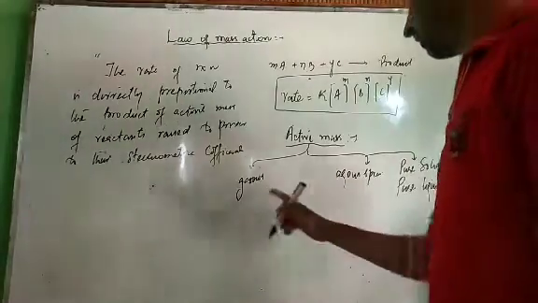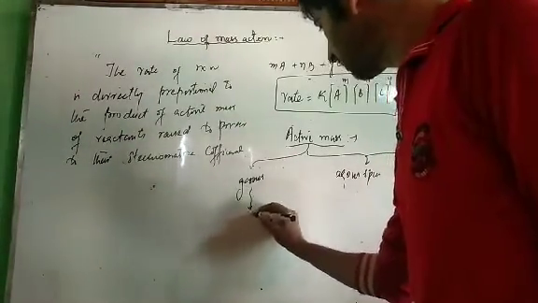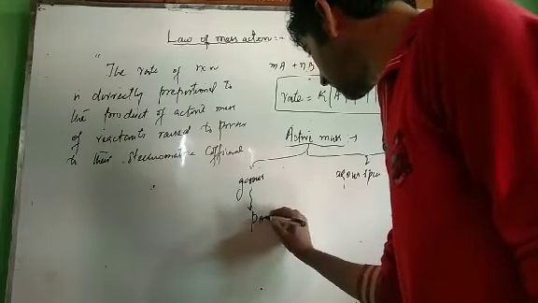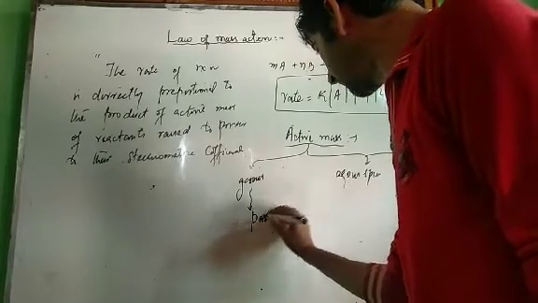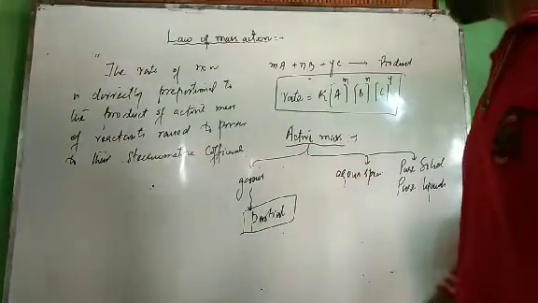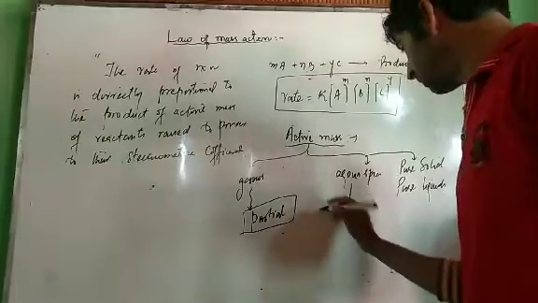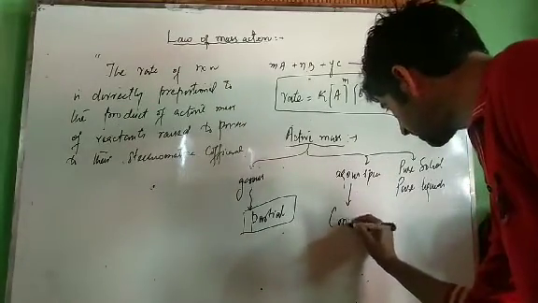Now see, for gases, active mass is expressed in terms of pressure, because in gases we deal with pressure. Active mass is taken in terms of pressure, that is, the unit will be in terms of pressure. For aqueous species, active mass is represented by concentration.